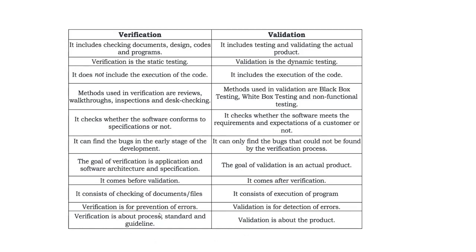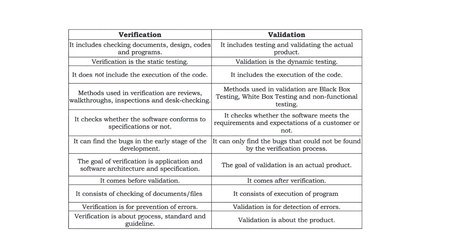Verification is for prevention of errors, whereas validation is detection of errors. So we can prevent as early as possible; for that reason, verification is required. If there are any errors or bugs present in the system, then only validation can find them out.